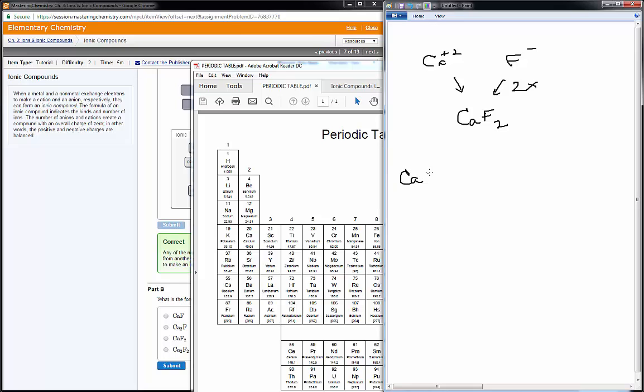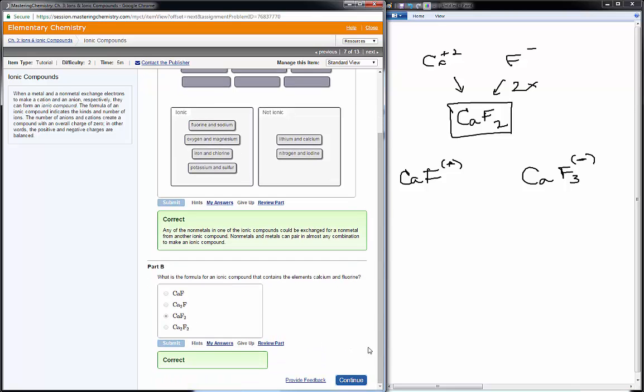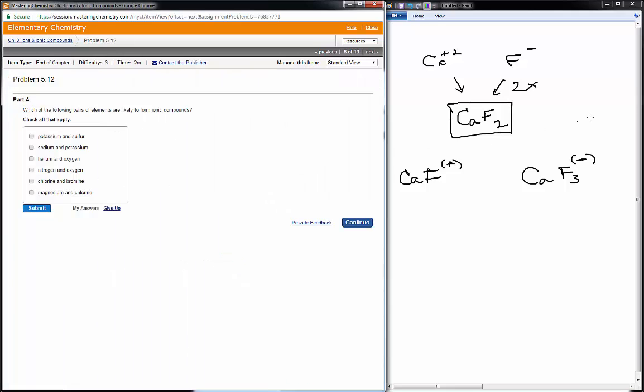If I put 1 calcium at +2 and 1 fluorine at -1, I would still have a positive charge, so that wouldn't work. If I put 3 fluorines, I would have +2 and then 3 negative ones. That would have an overall negative charge. That wouldn't work. You have to use a formula with exactly the right ratio in order for the whole thing to be neutral. CaF2 is it.